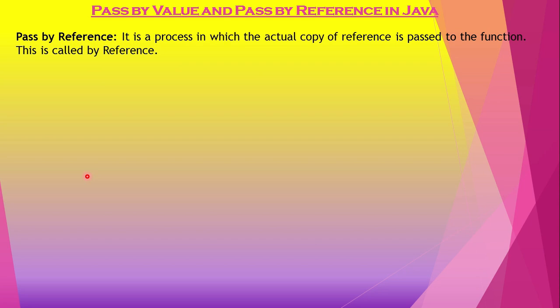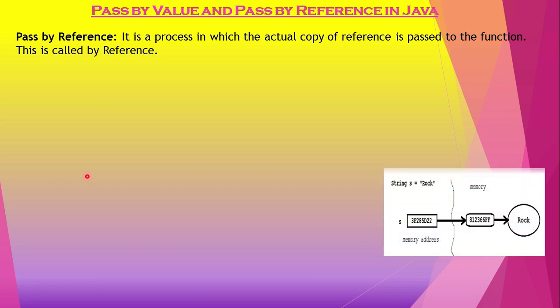Now pass by reference. Pass by reference is the process in which the actual reference is passed, not a copy of the variable. This is very important. See, String s is equal to rock, I am storing. This is the reference variable. Now s, as I stated earlier, has a memory address.